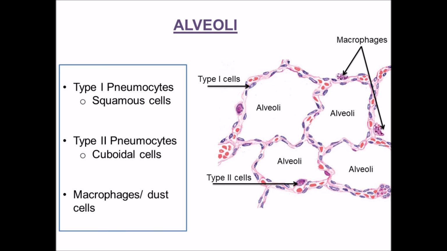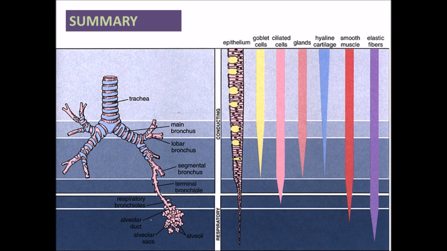These cuboidal cells are type 2 pneumocytes. Now, these type 2 pneumocytes secrete the surfactant. Along with these structures, we can see some multinucleated cells there. These are the macrophages or dust cells. Along with these pneumocytes and macrophages, there are some other structures. These are the capillaries.